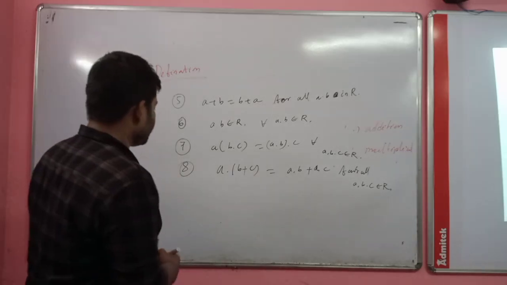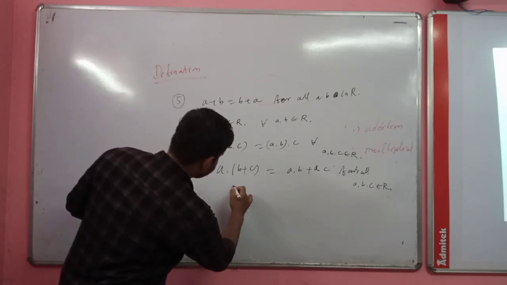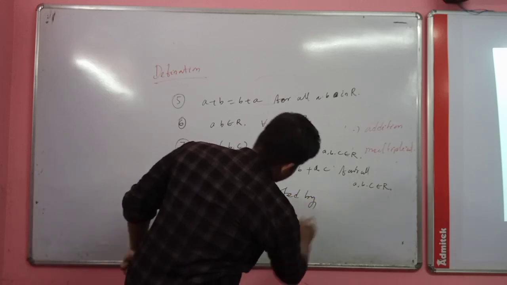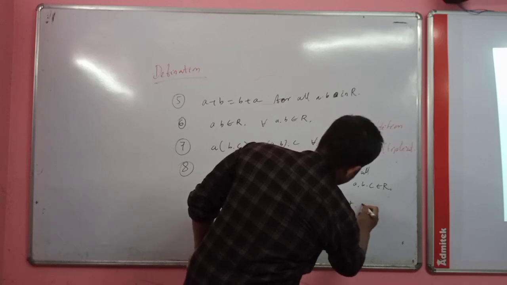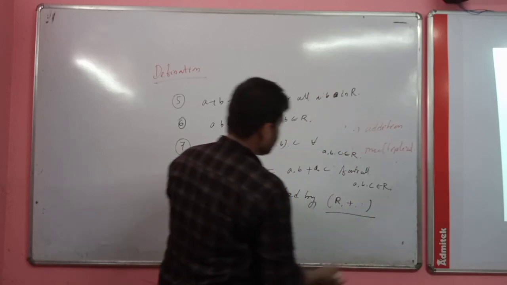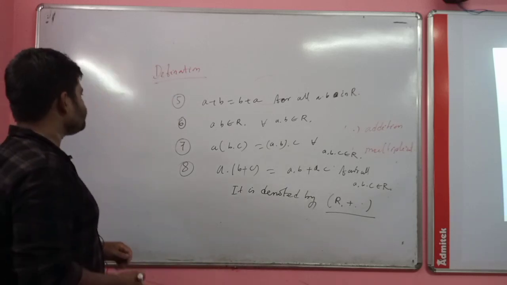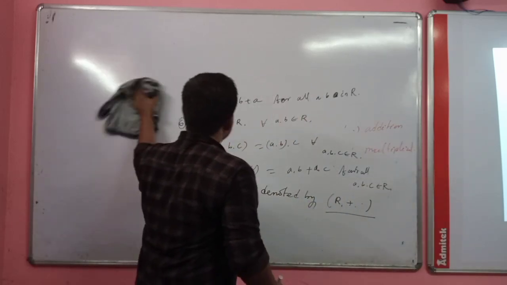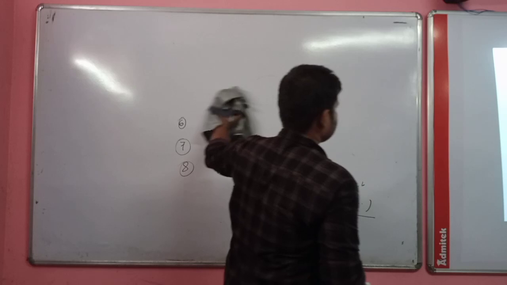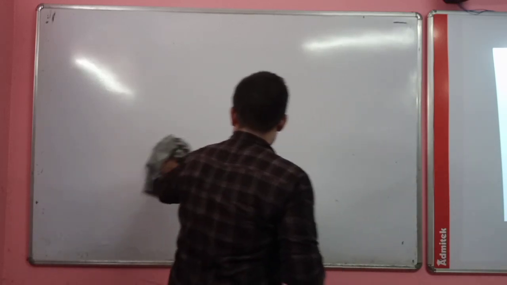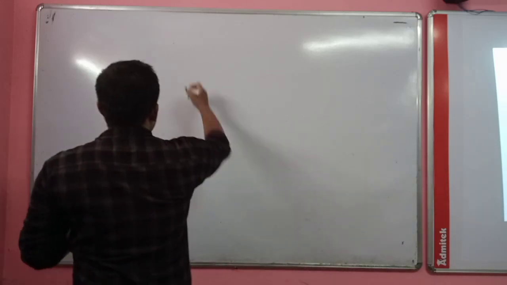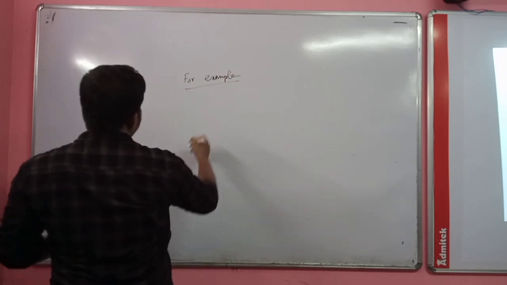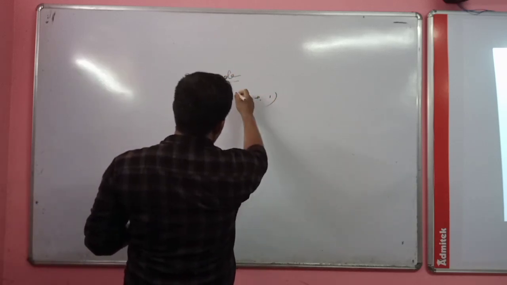A ring is denoted by R plus dot. This is the ring. For example, Z plus dot is a ring.